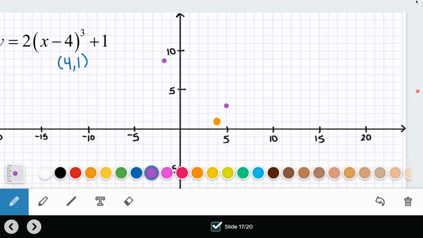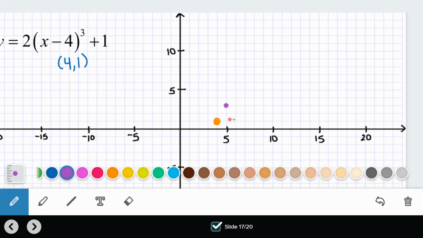And let me see if I can get up to 16. So 2 cubed is 8, double that 16. So 1, 2, 3, 4, 5, 6, 7, 8, 9, 10, 11, 12, 13, 14. It's going to be off my graph.